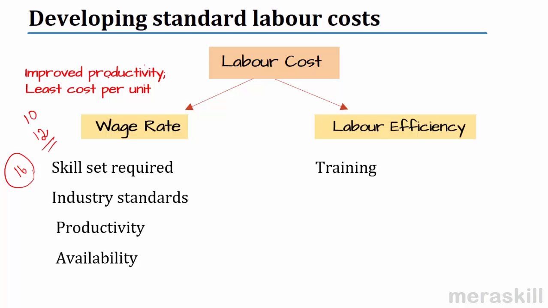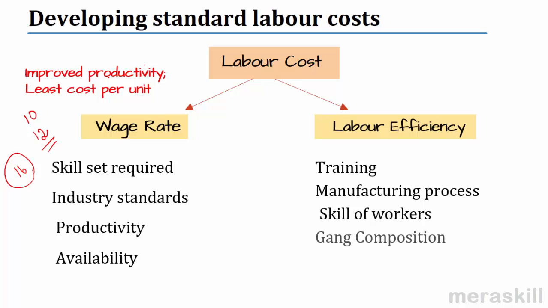The efficiency of the laborers, what are the components for this? We need to train laborers, make them efficient. It may depend on the manufacturing process, on the skill of the workers. Also, just like we said for material mix, it may depend upon the gang composition. What is the ratio of the skilled, semi-skilled workers, different kinds of workers?